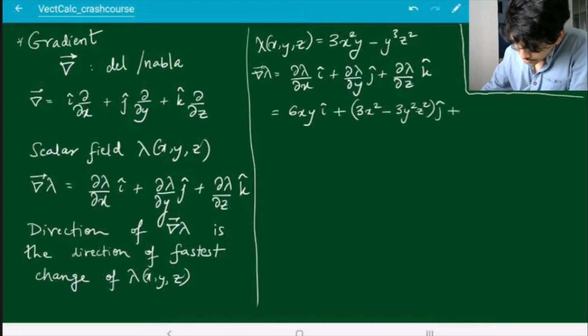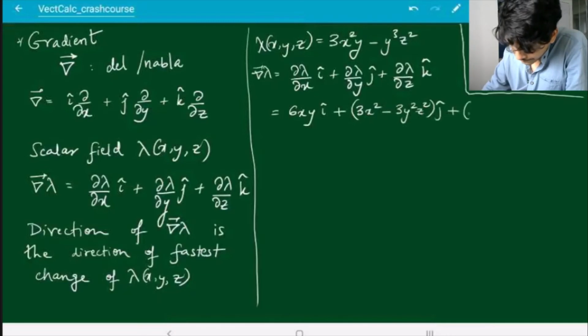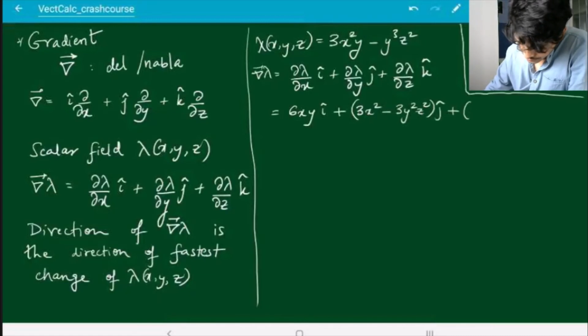And what is partial derivative of lambda with respect to z? First term doesn't contribute anything. Second term will give me the minus sign. Okay, minus y cube, and z square will give me 2z.